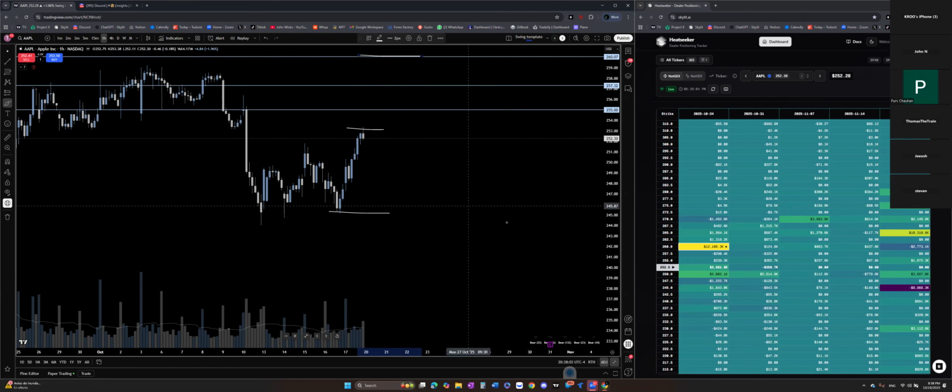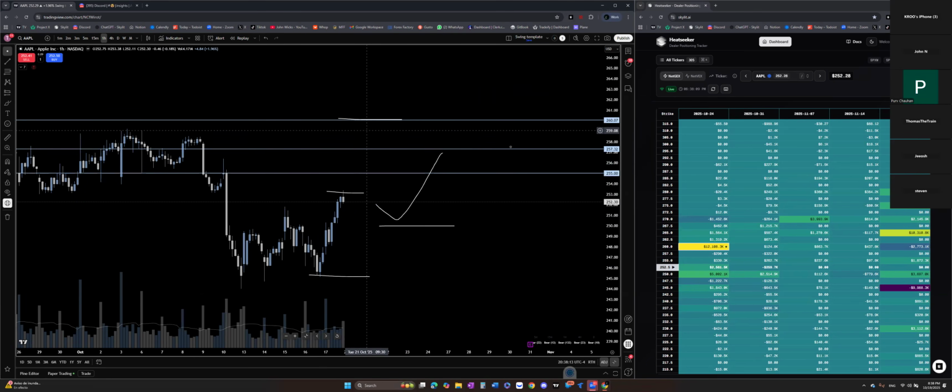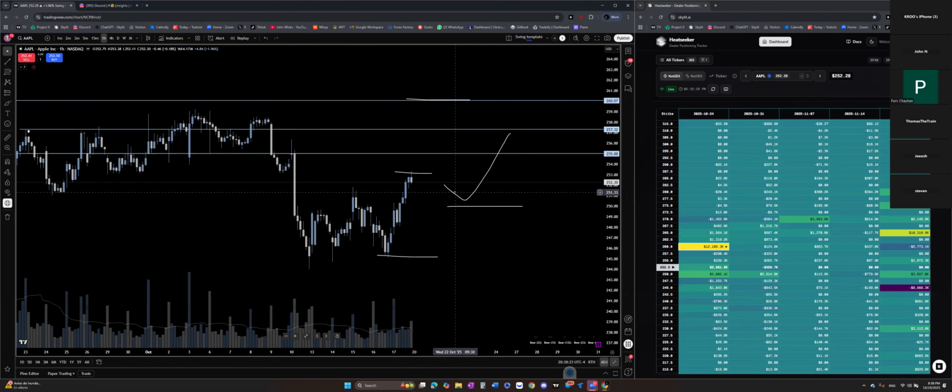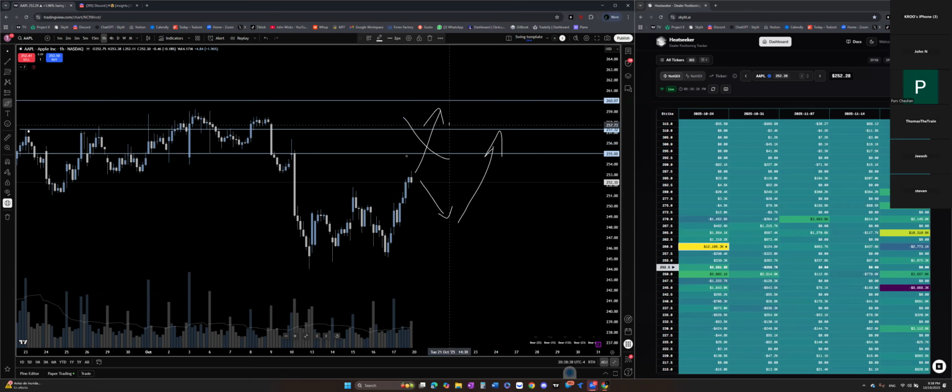I would rather wait for us to hit a floor at 250 to maybe take a position, but this already ran, and I would rather wait for 260 to hit to see if we can catch a rejection play. Keeping in mind maybe if we have little upside accumulation, but to be honest, this already ran. I wouldn't try to chase calls up to 260. Maybe if you catch a retracement sometime later in the week, like at 250. But to be honest, if we just go parabolic, I wouldn't touch it.